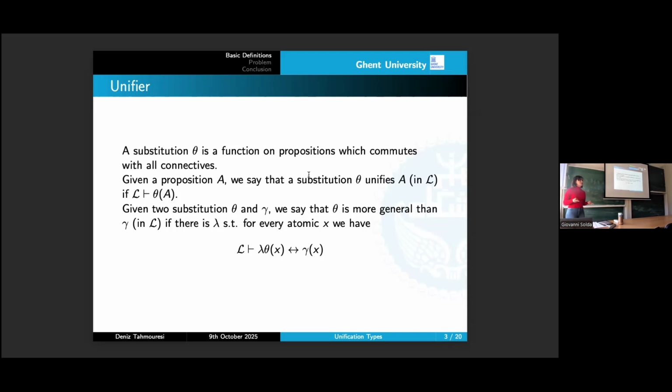Given two different substitutions, we can say one of them is more general than the other if there is some other substitution lambda, such that the composition of it with the general one equals the less general one.